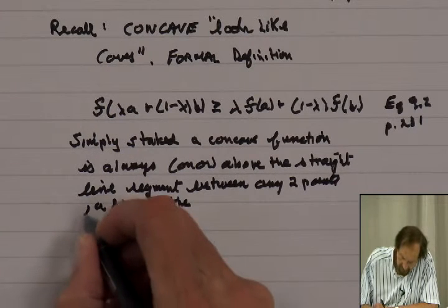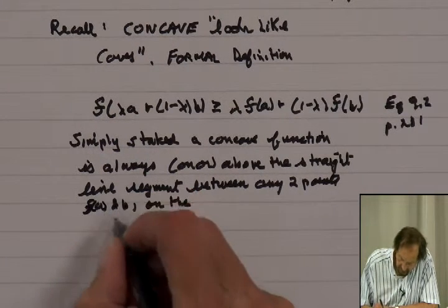Why don't we call these f of A and f of B.